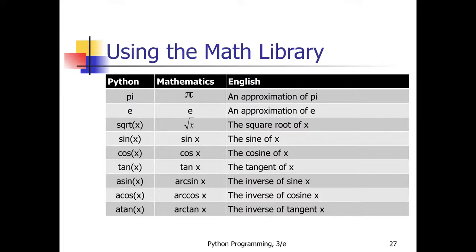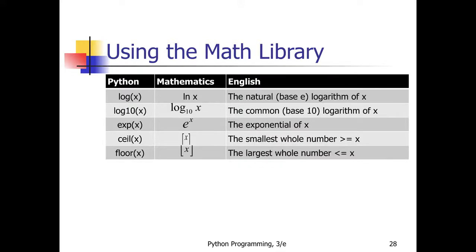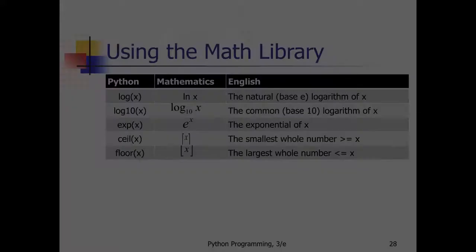Same thing for sine, cosine, tangent, arctangent, log 10, exponent, ceiling, and floor. I'm not going to go through all these, but I'm going to show you pi, square root, ceil, and floor. Again, you import the library when you need to add additional functionality to your application.